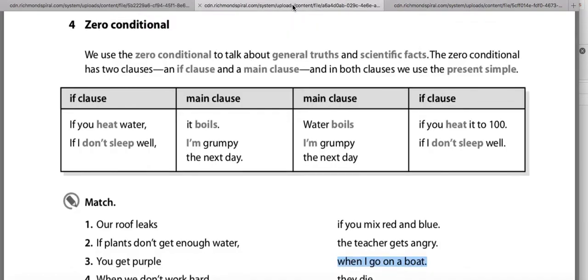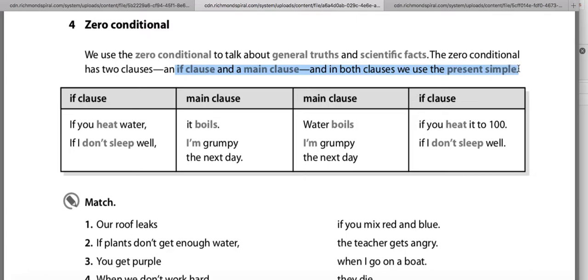And don't forget that we use the zero conditional to talk about general truths and scientific facts, with the if clause and main clause both in the present.